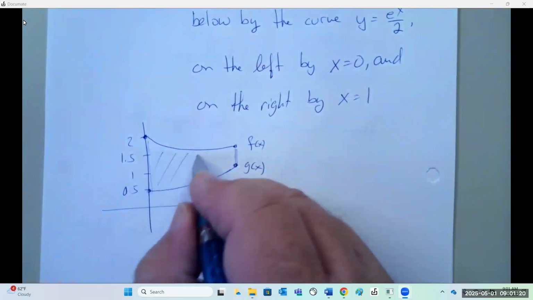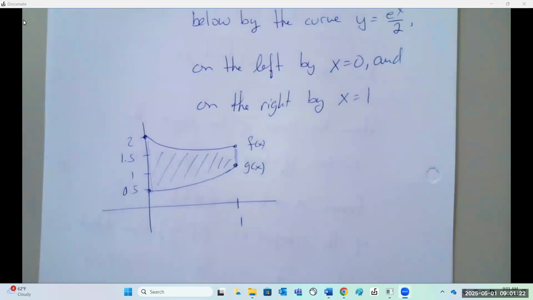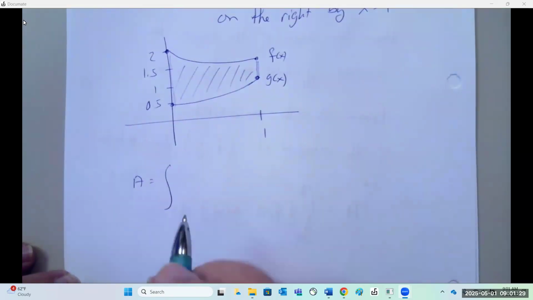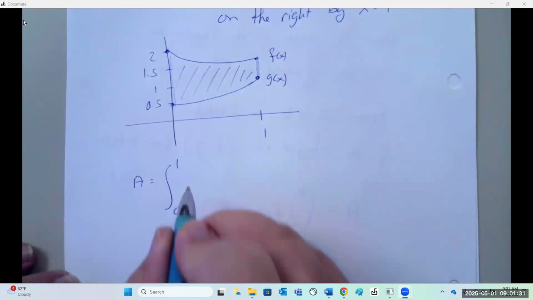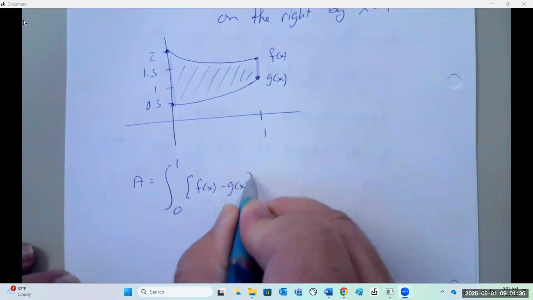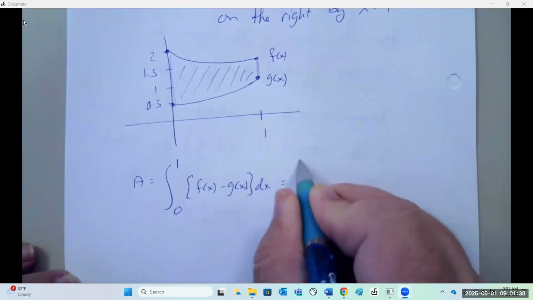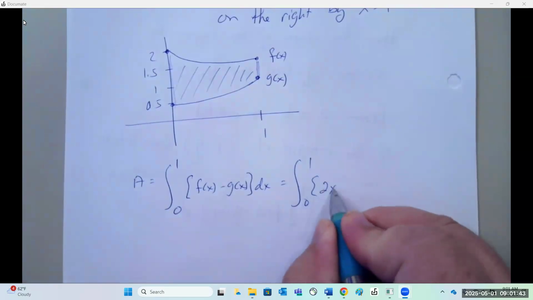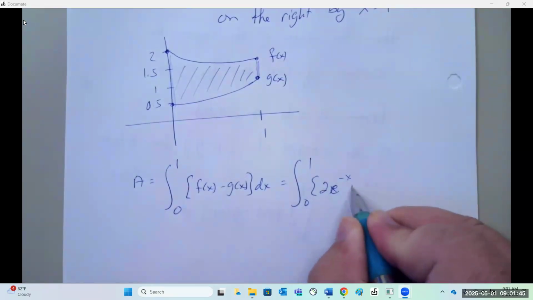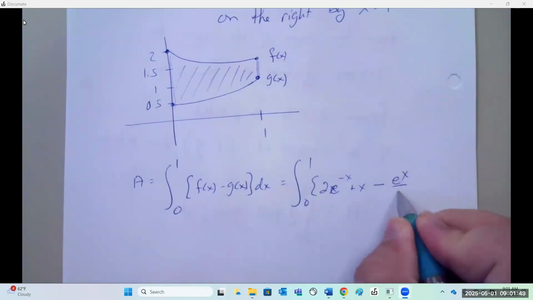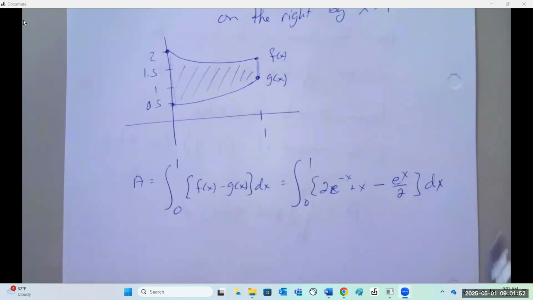We want this area right here. We want the area. So we have from 0 to 1, f of x minus g of x, which is the integral from 0 to 1 of 2e to the power negative x plus x minus e to the x over 2 dx.